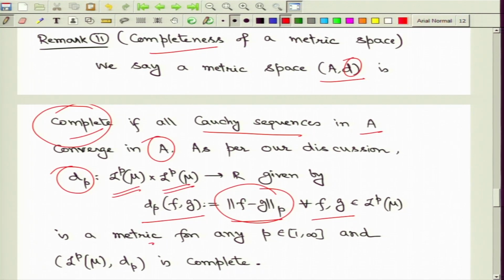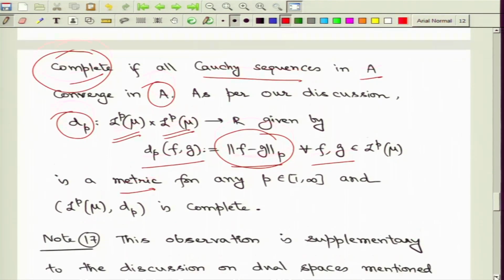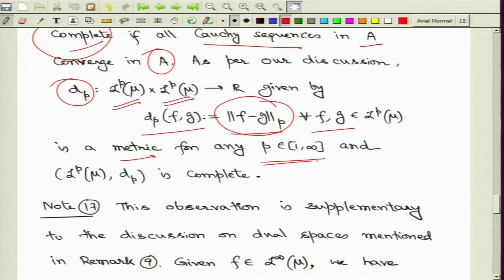So, once you have this metric, you can talk about the topology on these L p spaces, and what we have actually shown earlier is that for any such p between 1 and infinity, 1 included and infinity also included, this space is actually complete. So, we had shown earlier that all Cauchy sequences on these L p spaces are convergent, and there we had used that norm, but we are actually using the distance function arising from the norm, which is giving us this metric structure.